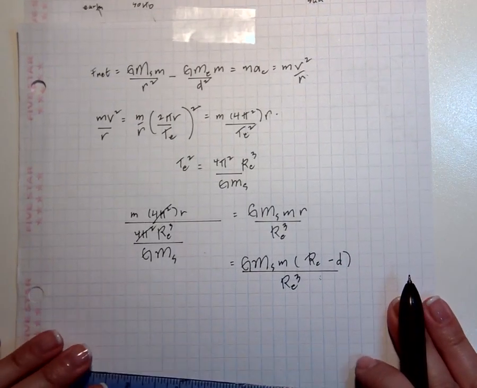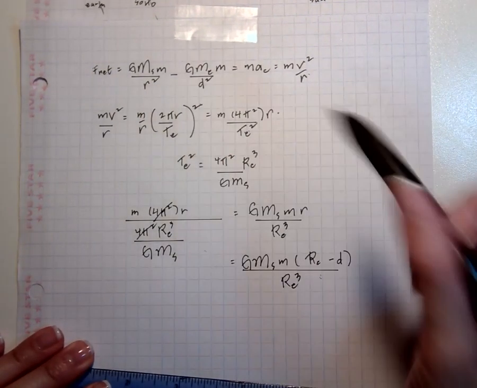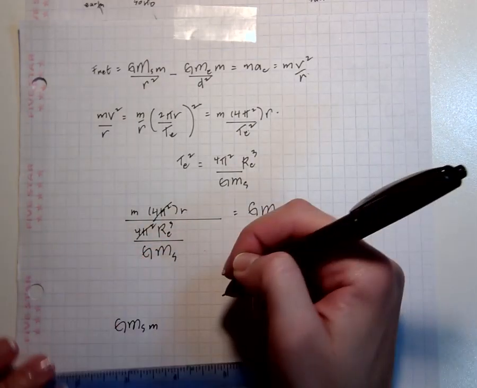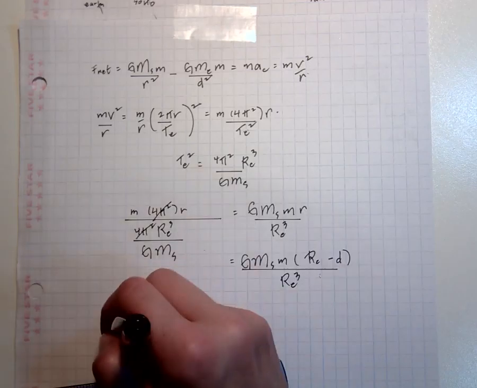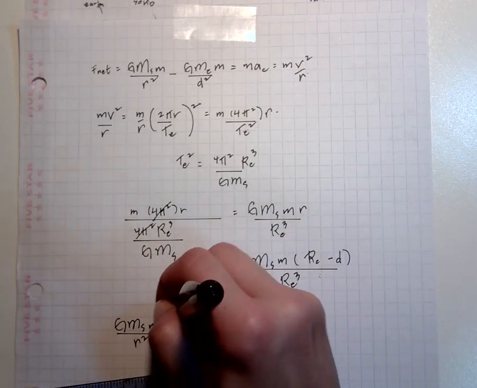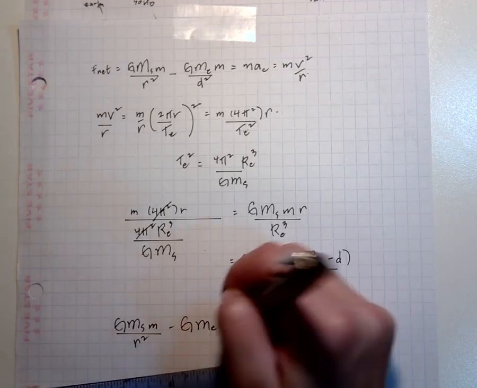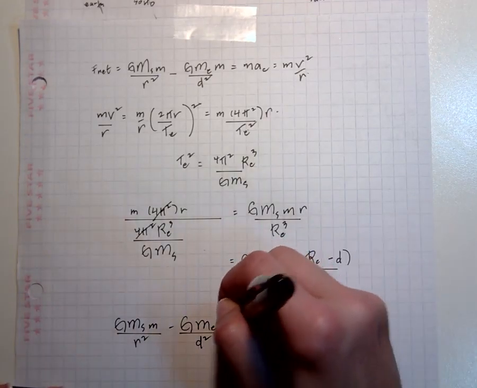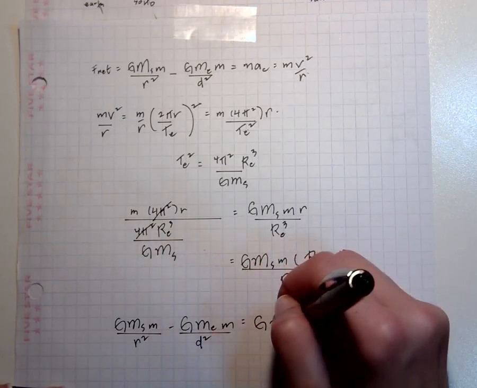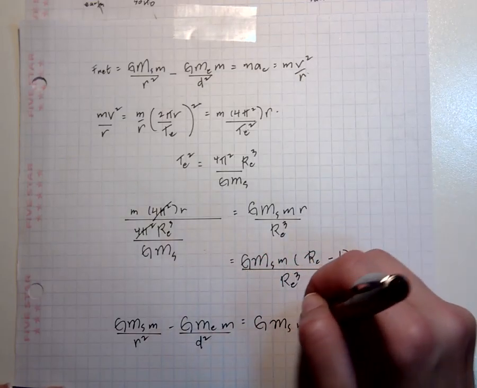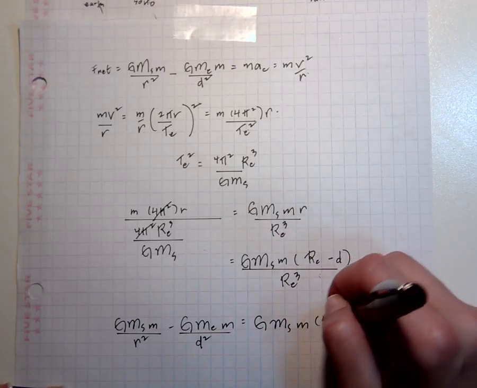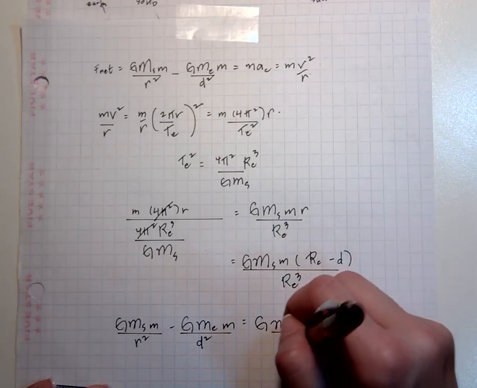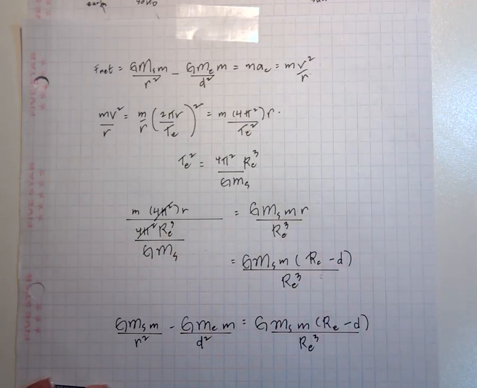The entire expression has to include these forces: G times the mass of the Sun times the mass of the satellite over little r squared minus G times the mass of the Earth times the mass of the satellite over d squared, and that's equal to G times the mass of the Sun times the mass of the satellite times the orbital radius of the Earth minus d over the orbital radius of the Earth cubed.